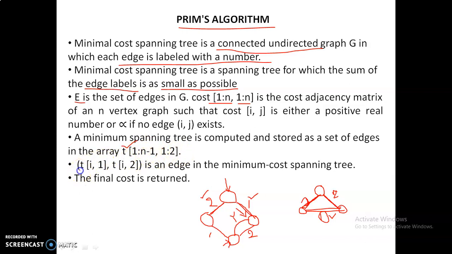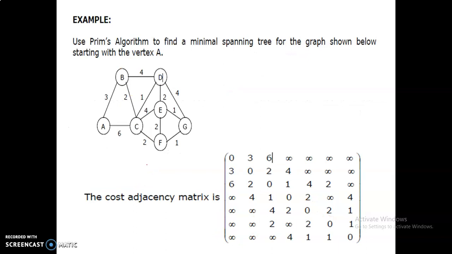Each and every edge of the spanning tree is the least costed edge among the possible edges of each vertex. This is the example, and it is explained in the next video.